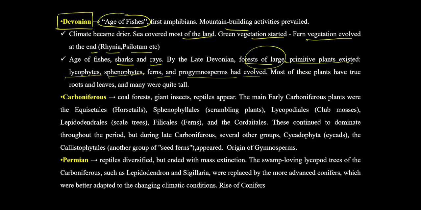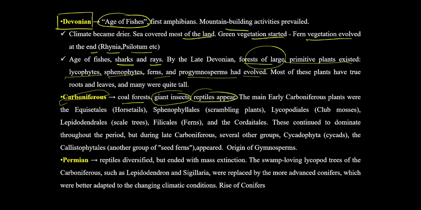Then the Carboniferous period: coal forests, giant insects, and reptiles appeared. The main early Carboniferous plants were the Equisetales, Sphenophyllales, and Lycopodiales.